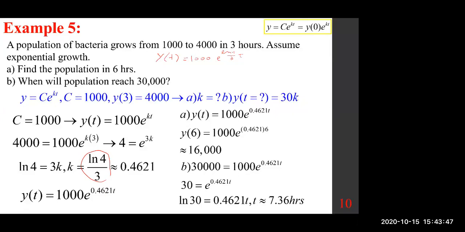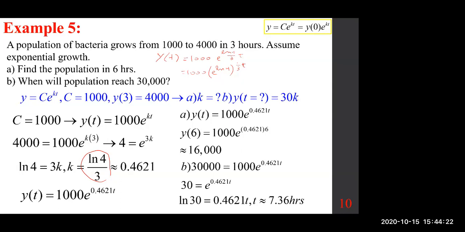Here's another way of simplifying this. So take a look at what I'm going to do. I can write this as 1,000 e to the power of ln 4 to the power of t over 3. I hope everybody understands what I'm doing. I'm just playing with the number ln 4 over 3 times t. I can write it in this fashion.